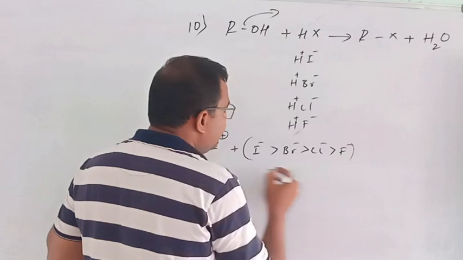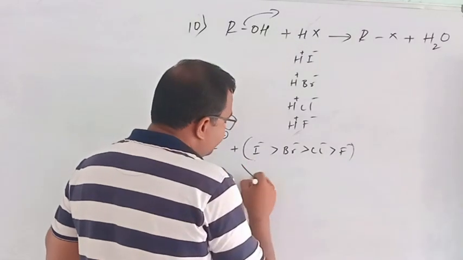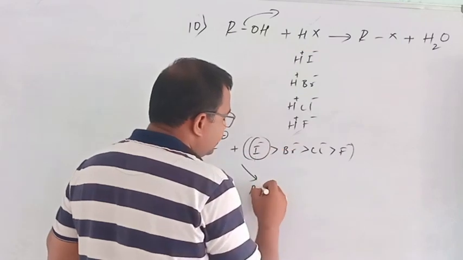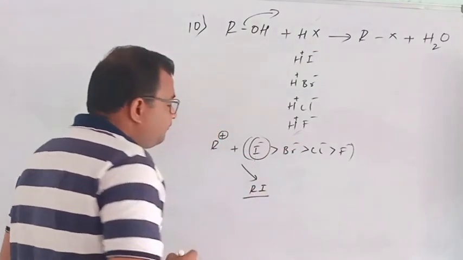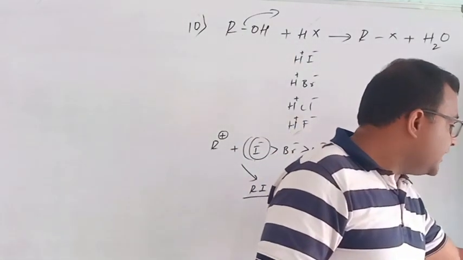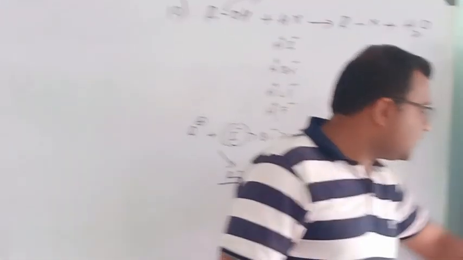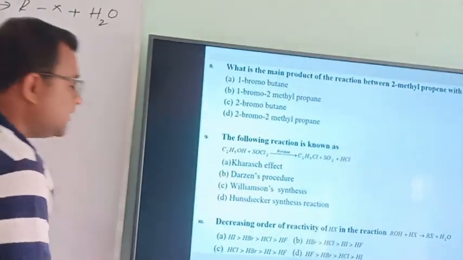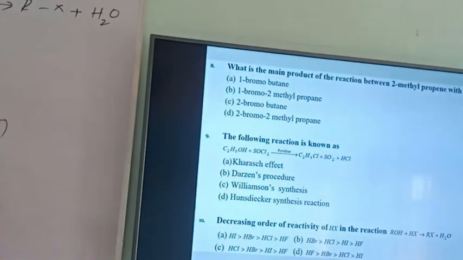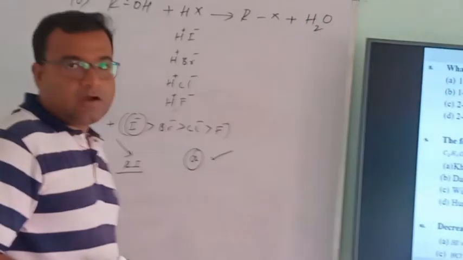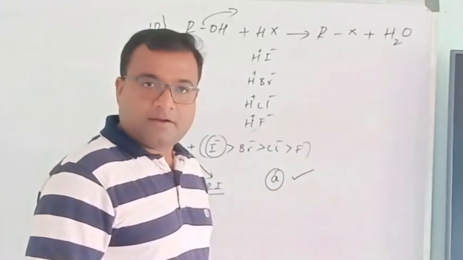So the correct option is option A, which is HI more than HBr, more than HCl, more than HF. Option A is the correct option for question number 10.